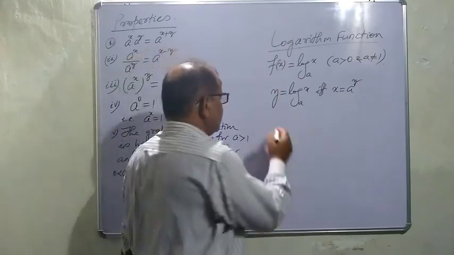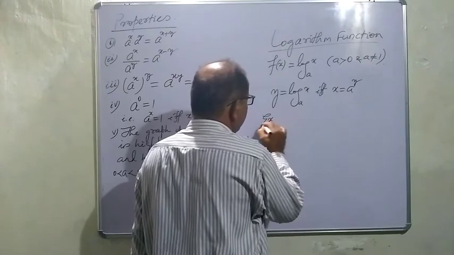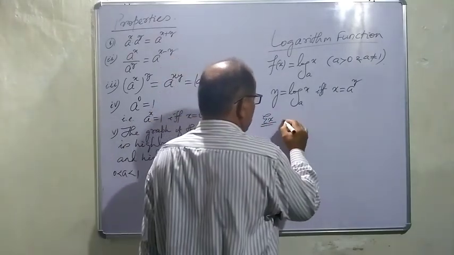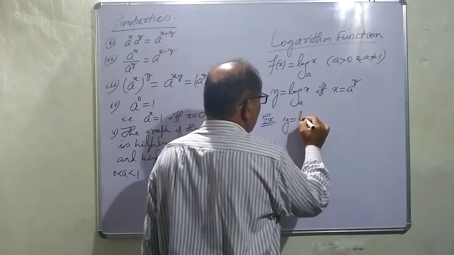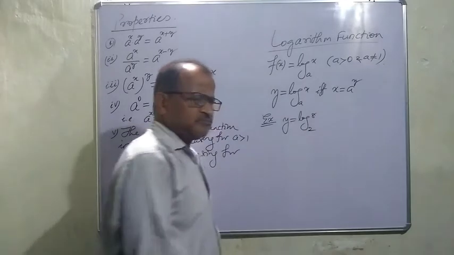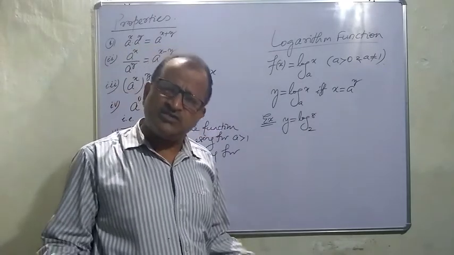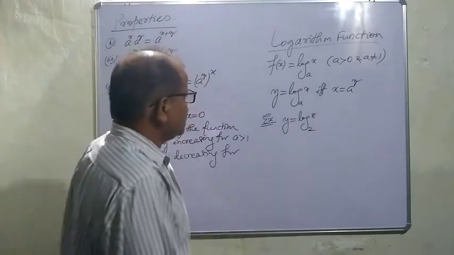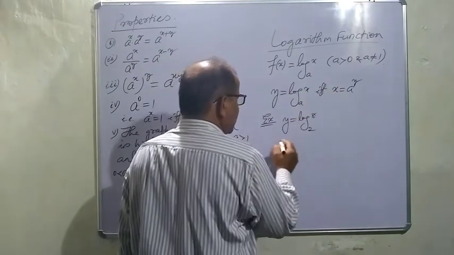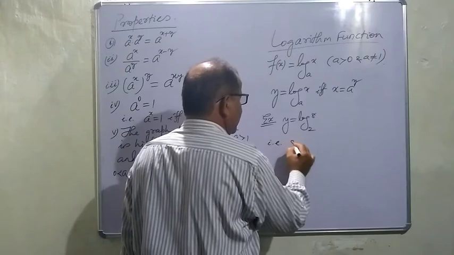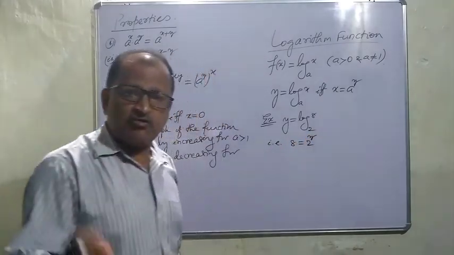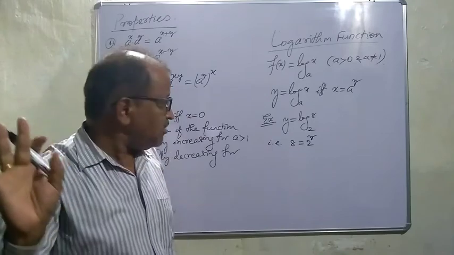You will be clear if we take an example. Suppose y is equal to log of 8 with base 2. Let me know what is y. When y is equal to log x with base a, that is 8 is equal to 2 to the power y.